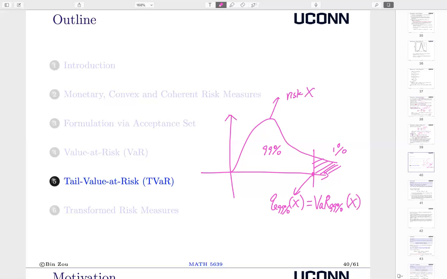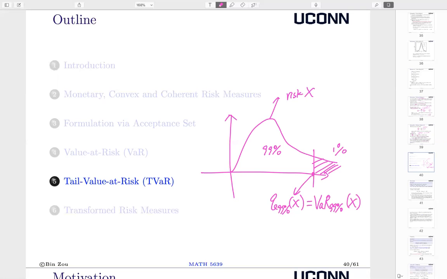So this picture pretty much says everything you want to know of VaR, right? But of course, here this is a continuous random variable, so there's no jump. But if you had a jump, the principal idea is still the same. You want a number that is going to separate the entire distribution into two parts.